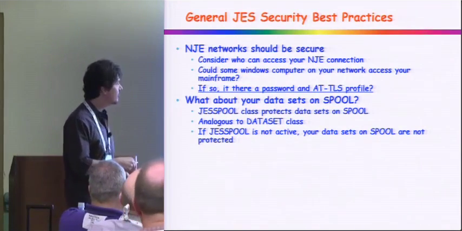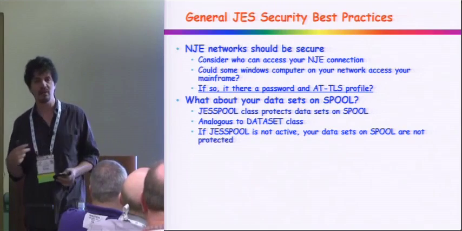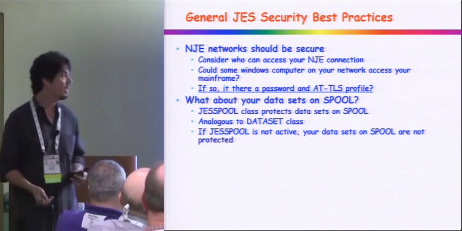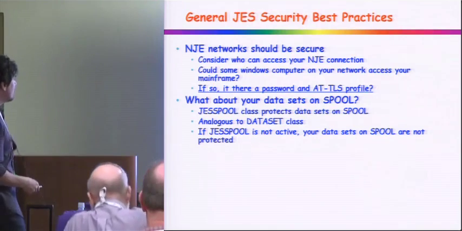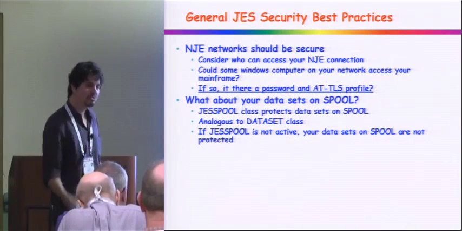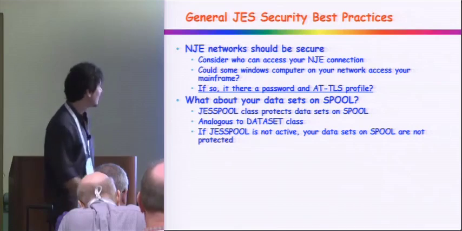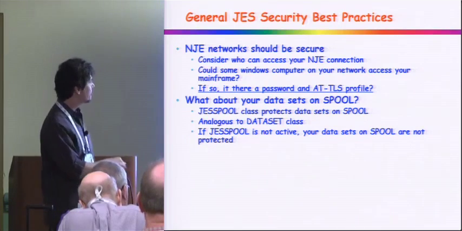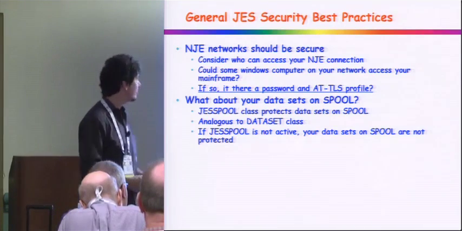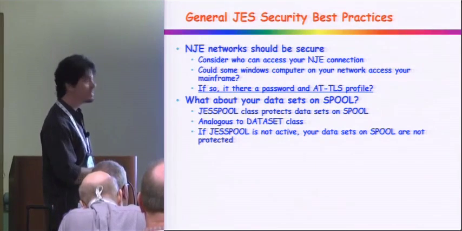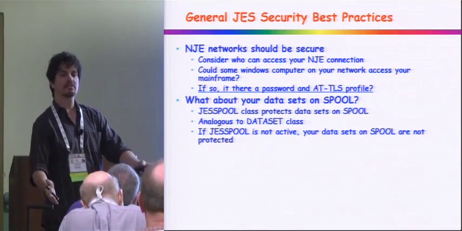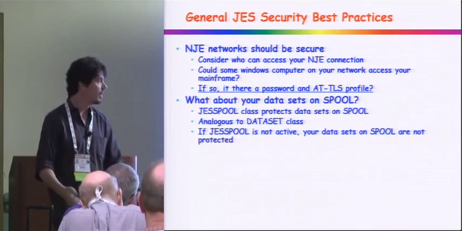This has been around a long time too. JES spool class. That's been around a long time since RACF 1.9. And the point that Tom wants me to hammer home, so I will do it because you've asked me to, is that the JES spool class protects your data sets on spool. Okay. So it's very similar to the dataset class for your standard files.